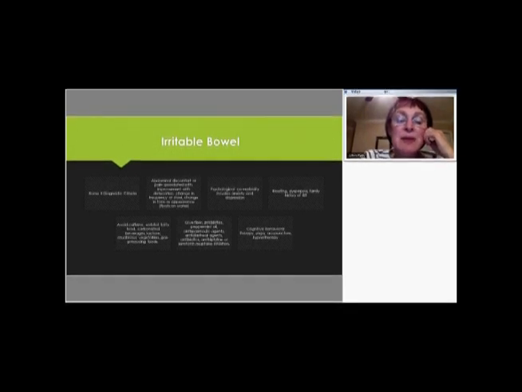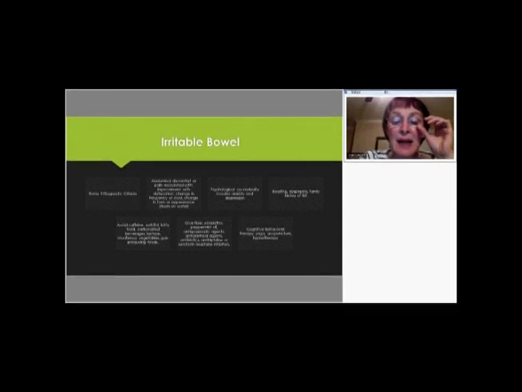So the treatment is peppermint oil or things like Imodium, antispasmodics like Ventolin, antibiotics, amitriptyline, and serotonin reuptake inhibitors for their depression and anxiety. A lot of them go into therapy like cognitive behavioral therapy, yoga and acupuncture, hypnotherapy. There's a mind-body connection here, as there is with most things.